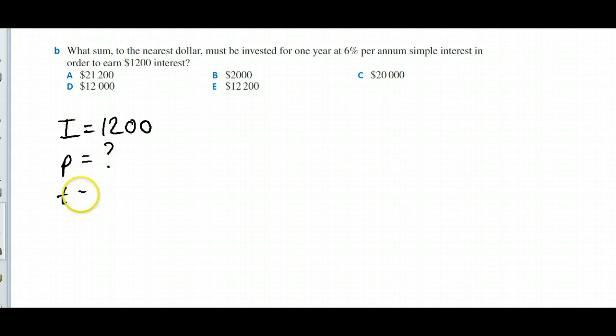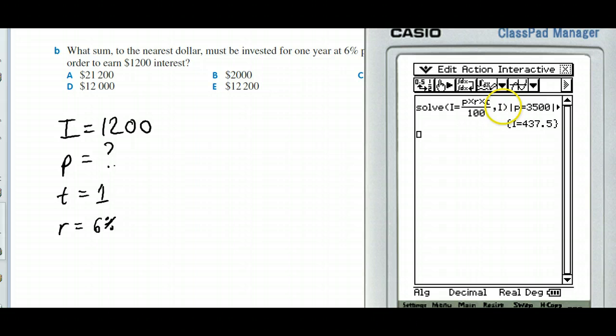We know that the time equals 1 year, and the R equals 6%. Okay, so we need to change the equation to make P the focus, because we don't know P. We're going to put in I equals 1,200, R equals 6 and T equals 1.